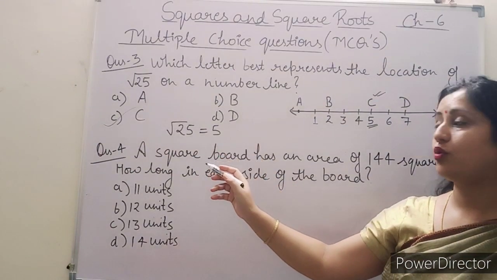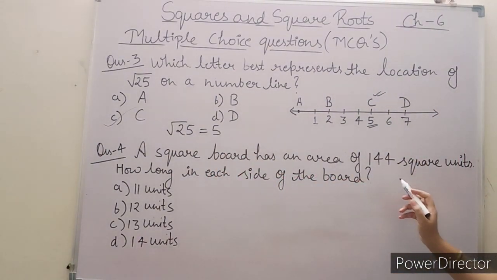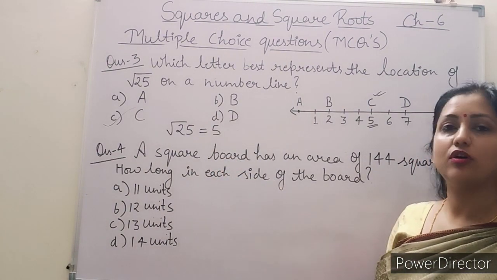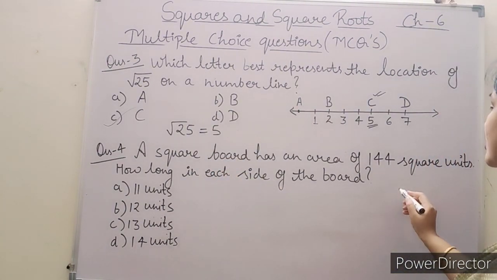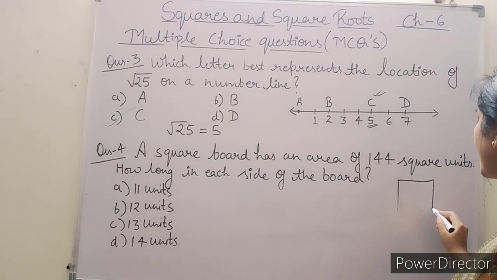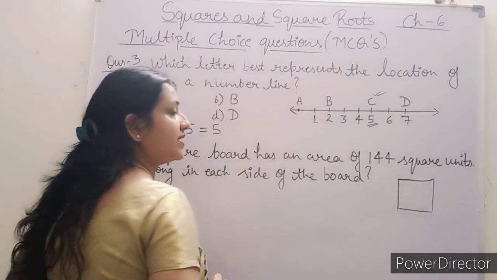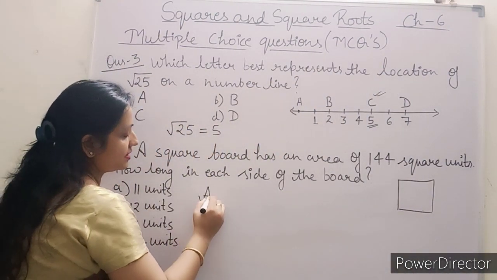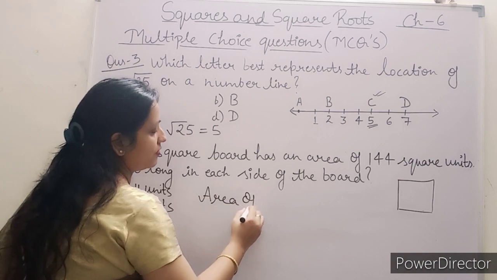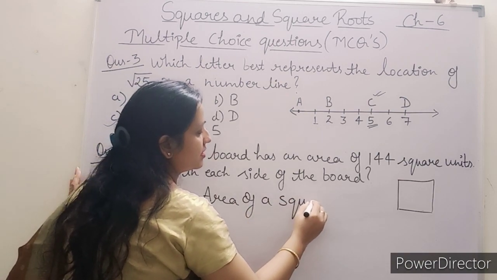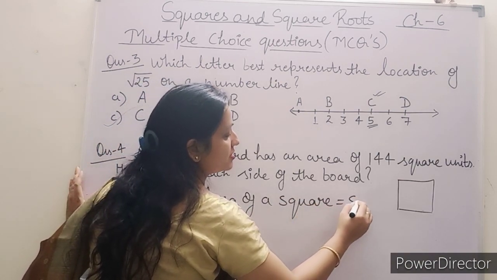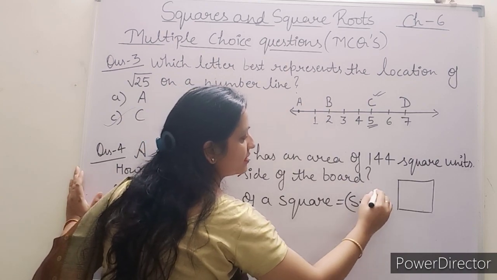In question number 4, a square board has an area of 144 square units. How long is each side of the board? We are talking about a square board, and we know that in a square board all sides are equal. Here the area of the square is given. We know that the area of a square is equal to side square.